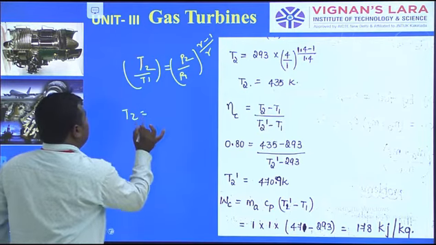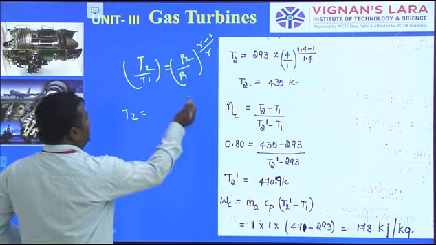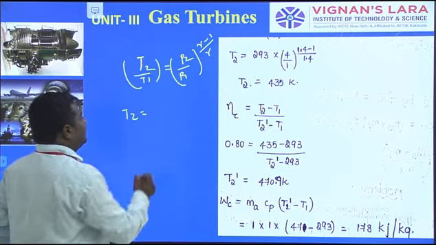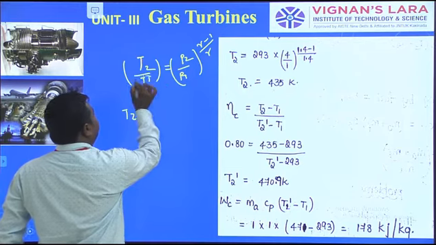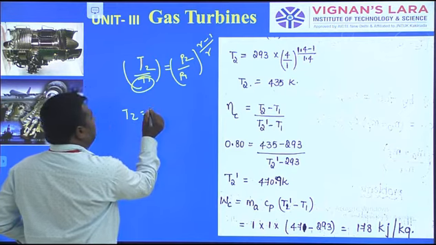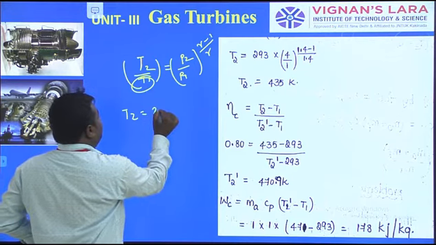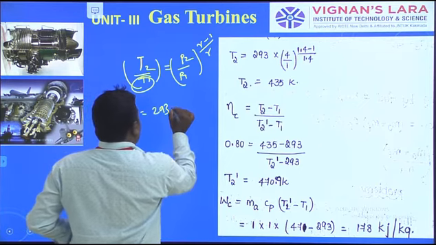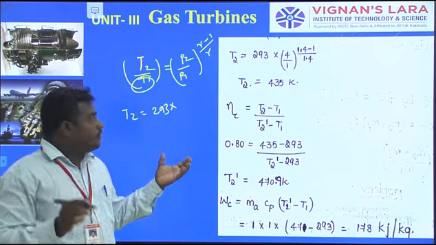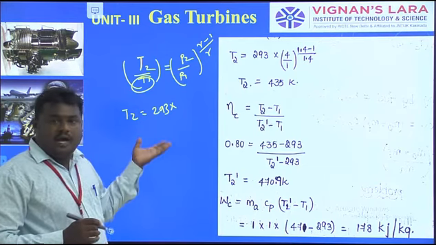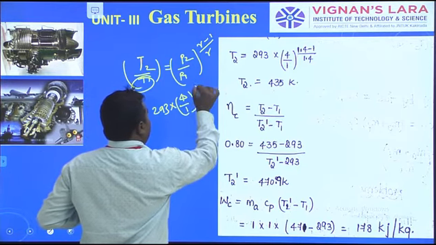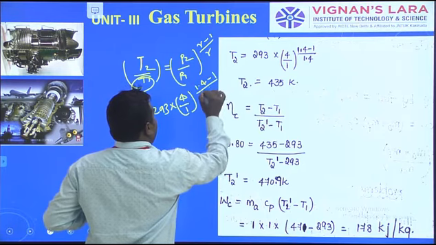Then T2 equals T1 into P2 by P1 whole power gamma minus 1 by gamma. The T1 value is already given, so we substitute: T2 equals 293 into P2 by P1, that is 4 bar by 1 bar, whole power 1.4 minus 1 by 1.4.